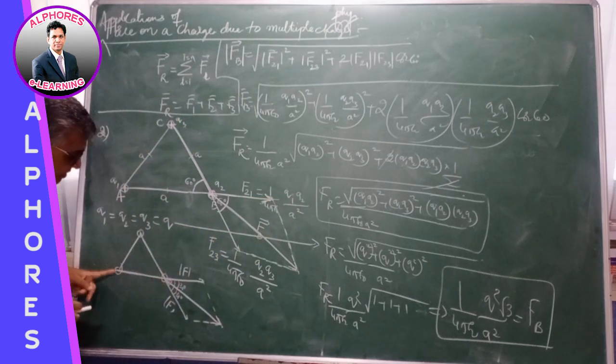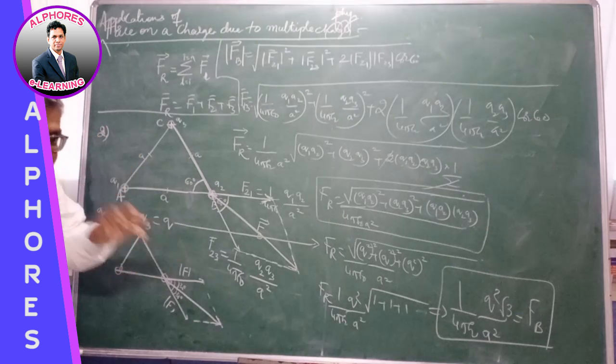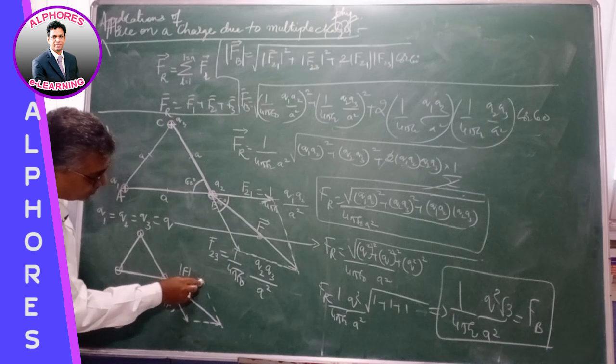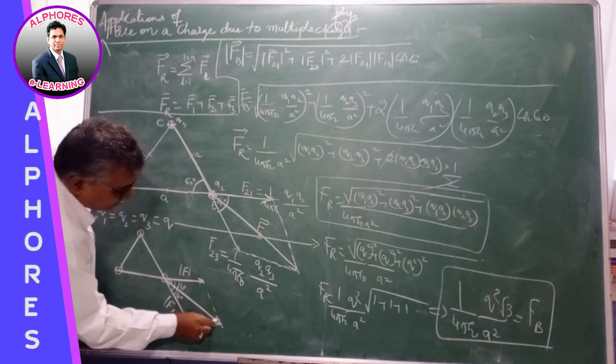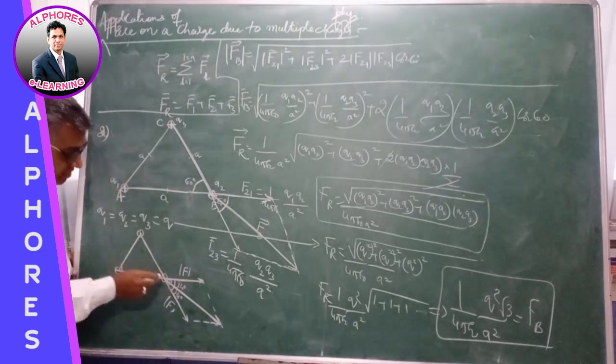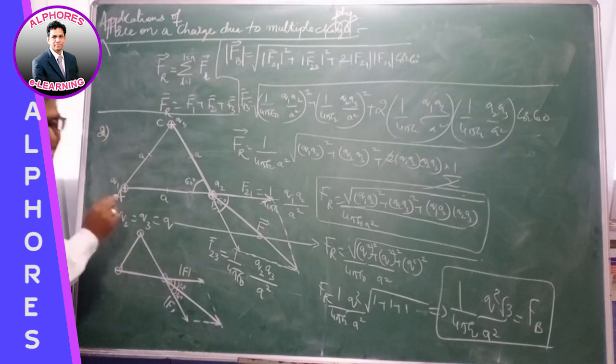But if the three charges are of same magnitude, then the forces will be of same magnitude, then the resultant vector will be the angular bisector of these two. Then the angle will be 30 each.